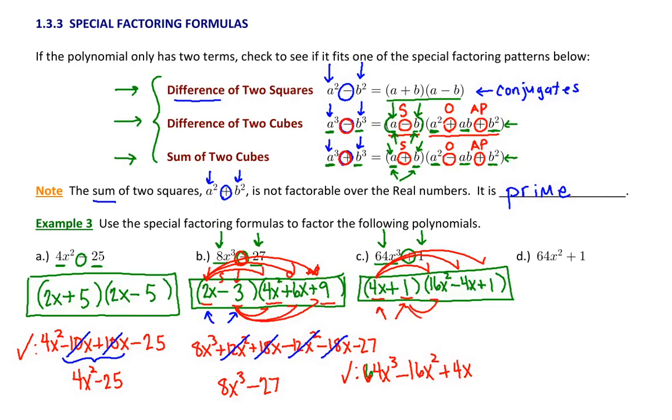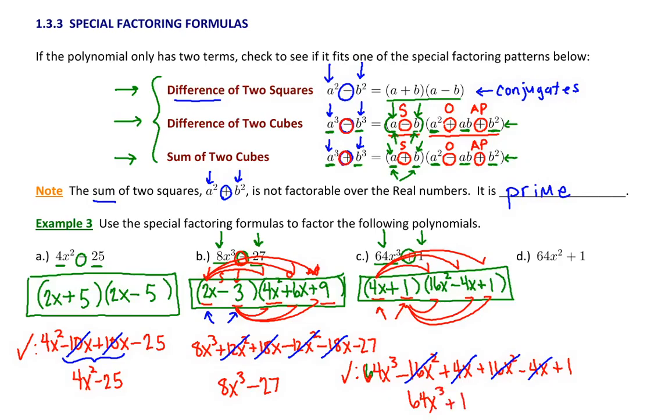Then we'll distribute our 1. That should be pretty easy. We're going to get 16x squared minus 4x plus 1. And picking up our like terms, noticing our opposite signs there, we end up with our original 64x cubed plus 1.